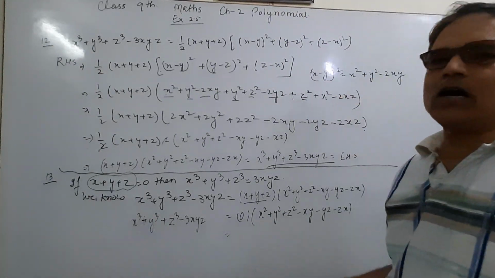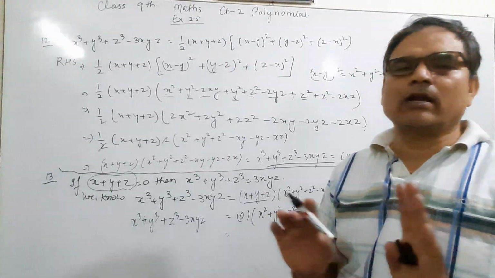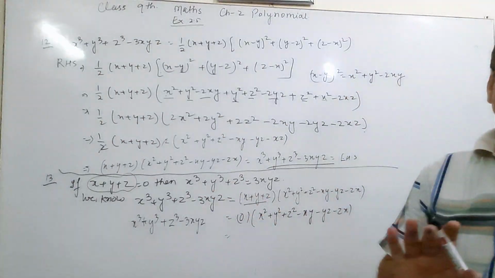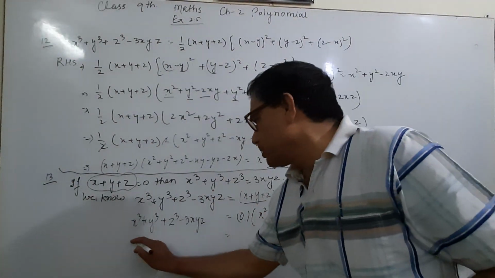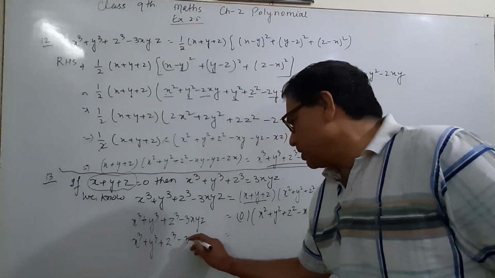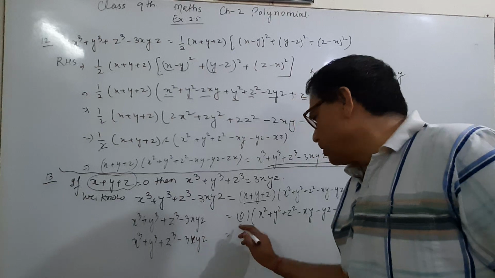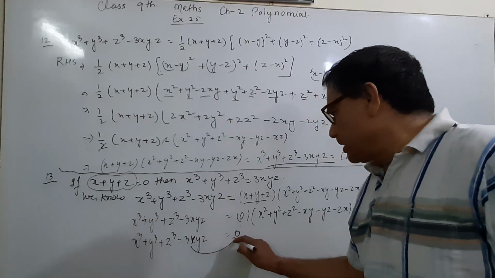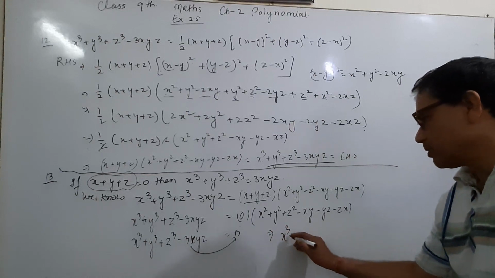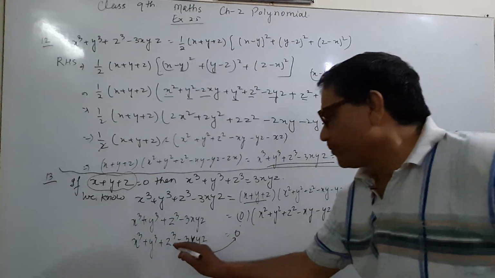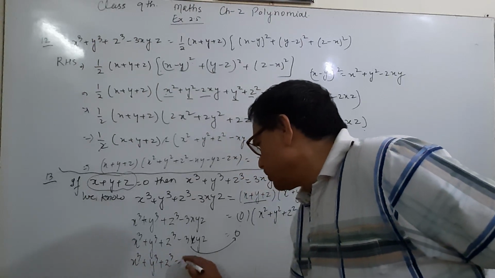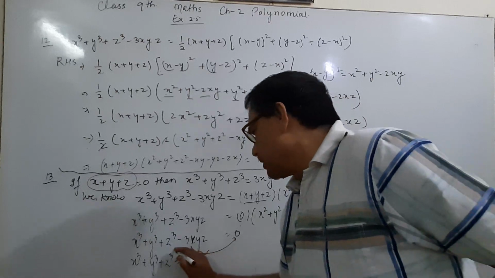Zero makes whatever it fights with zero. Don't fight with 0, don't fear 0; with 0 as plus or minus, separate means no effect on it. x cube plus y cube plus z cube minus 3xyz is equal to 0. Here is minus, and that will be transferred to the right hand side. The answer will be x cube plus y cube plus z cube is equal to 3xyz. Hence verified.